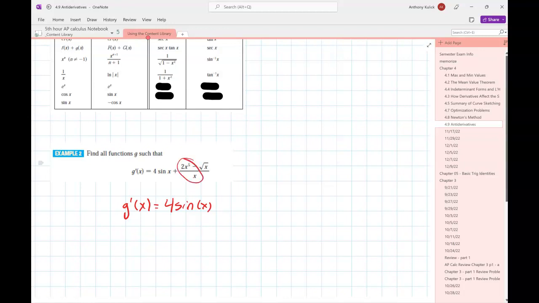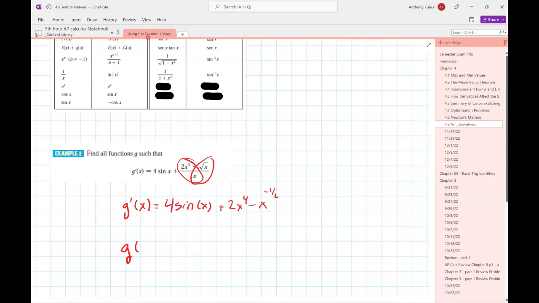So I'm going to think about this as 2x to the fifth over x, which just becomes 2x to the fourth, and then the square root of x over x, which becomes x to the negative 1/2. Is everybody okay with what I've done there?